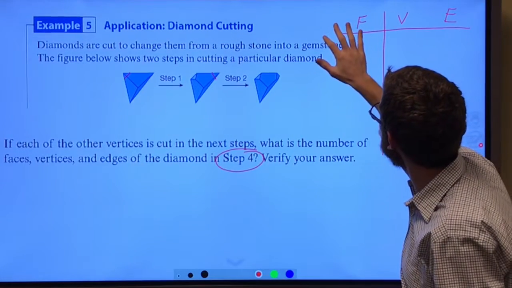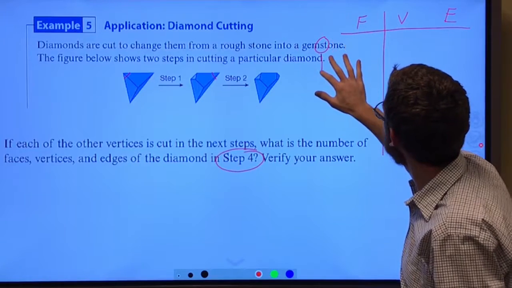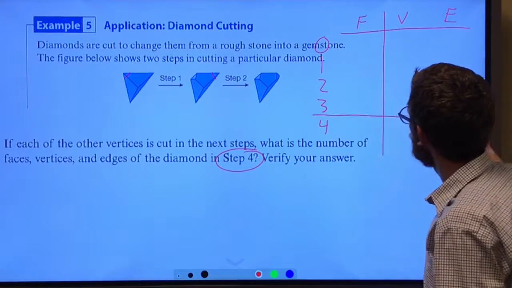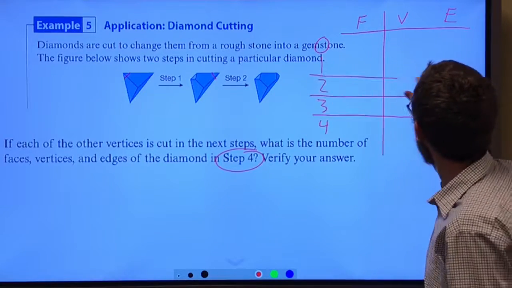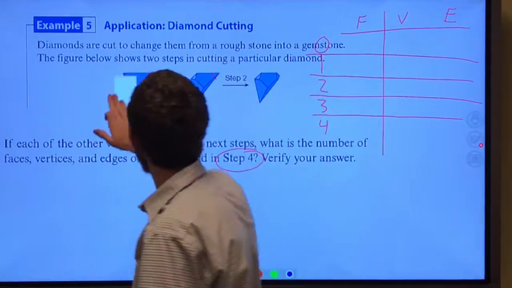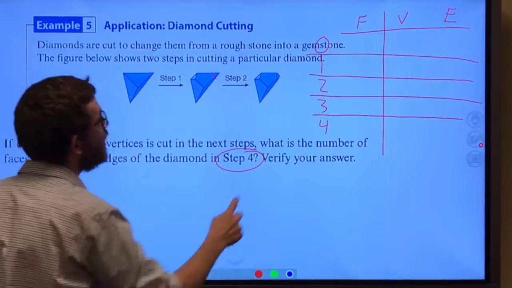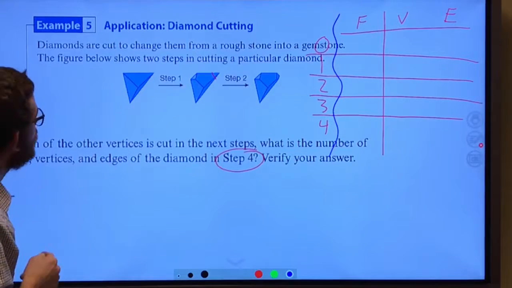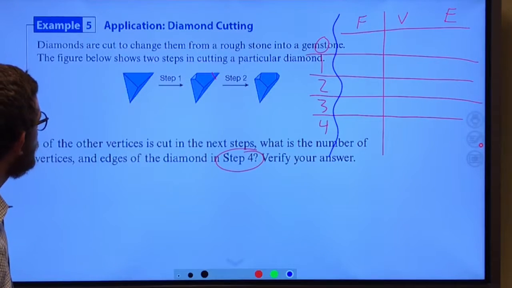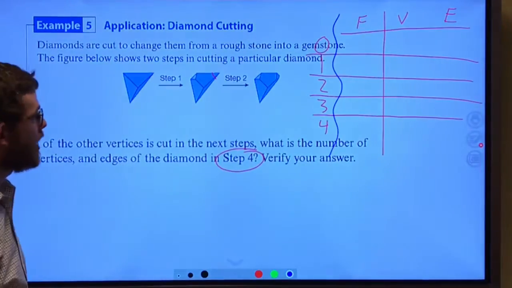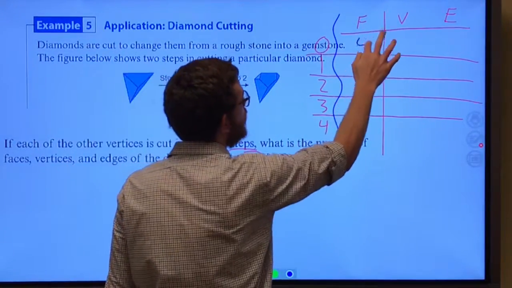Alright, so to start, and then we're going to have step 1, 2, 3, and hopefully we can predict how many will be in step 4. So to begin with, how many faces did we have? 1, 2, 3. Sorry, 4 faces, because we have to assume there's a face on the back. This is a triangular pyramid, so there's 4 faces.